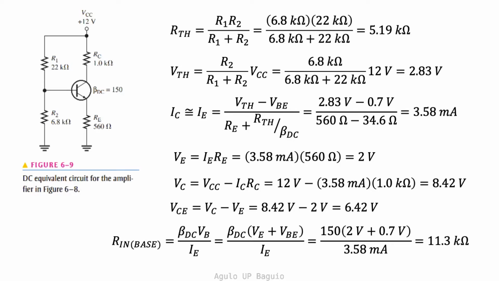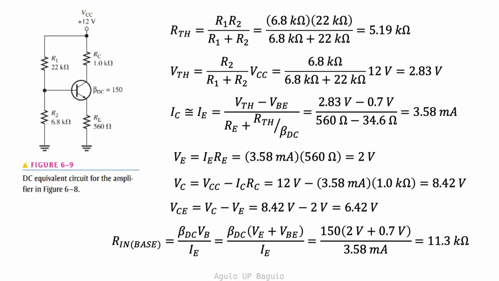We then obtain the emitter voltage as having a value of 2 volts. Next, we get VC, which is the difference between VCC and the voltage across the collector resistor, with a resulting value of 8.42 volts. Finally, the last coordinate of the Q point is obtained from the difference between the collector and emitter voltages, with a value of 6.42 volts.